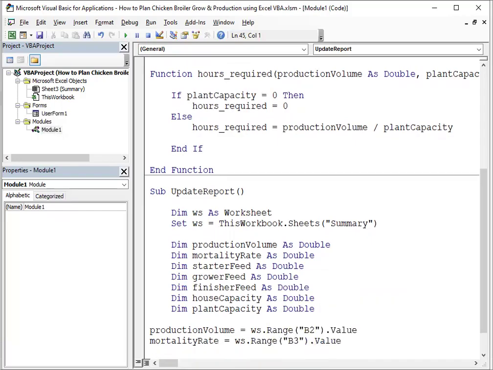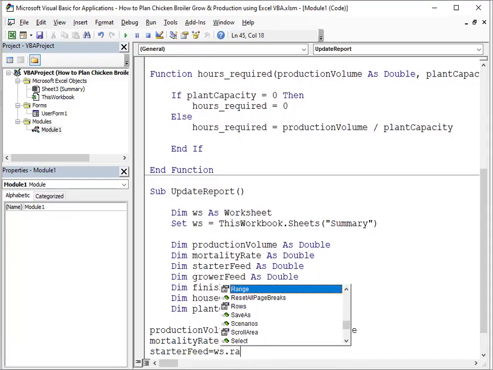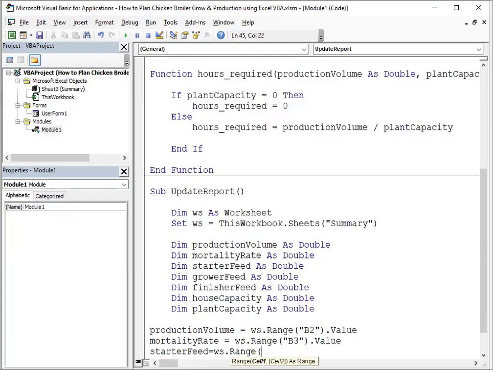Next one would be starter feed equals WS range B4, that value.